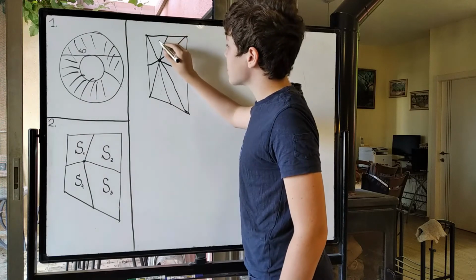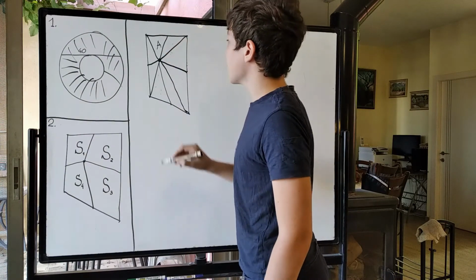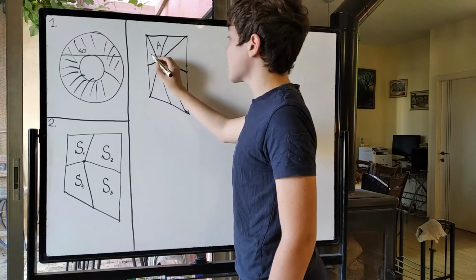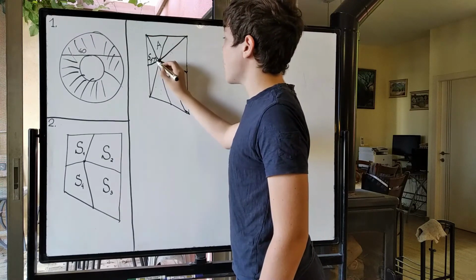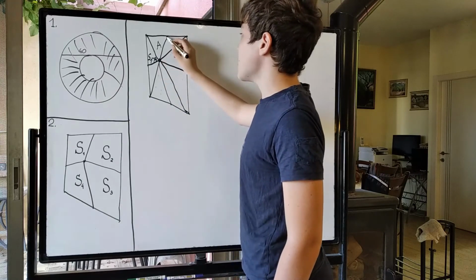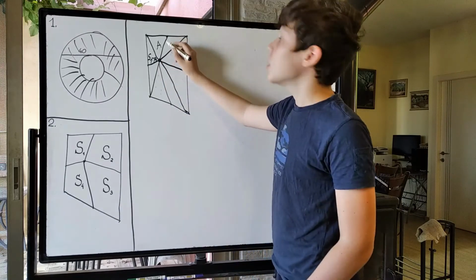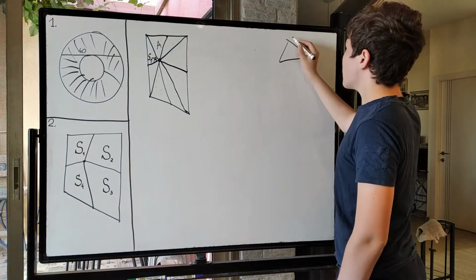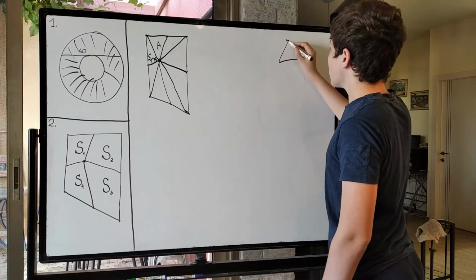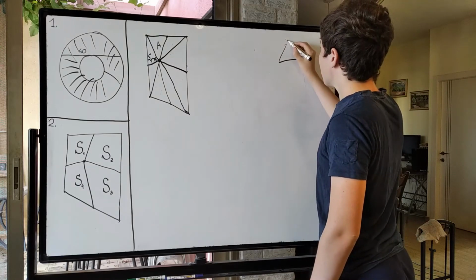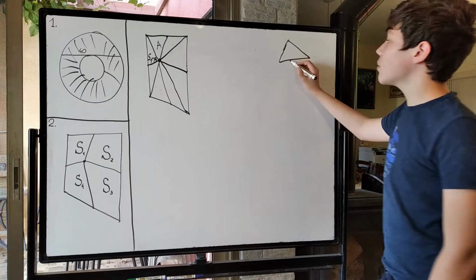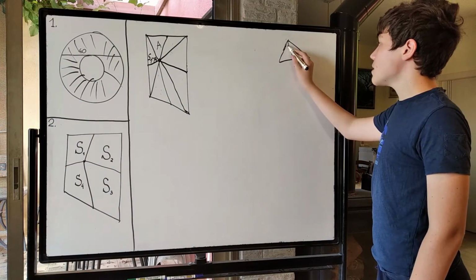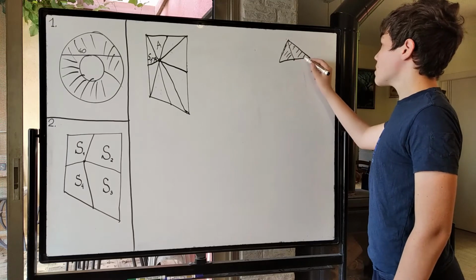So what I did is say this area is A. Now because this area is S1, I can say this is S1 minus A. But because this is the middle point, let me quickly draw this. In a triangle, if you take the middle point of a side and join it to the opposite corner, this area will be equal to this area.